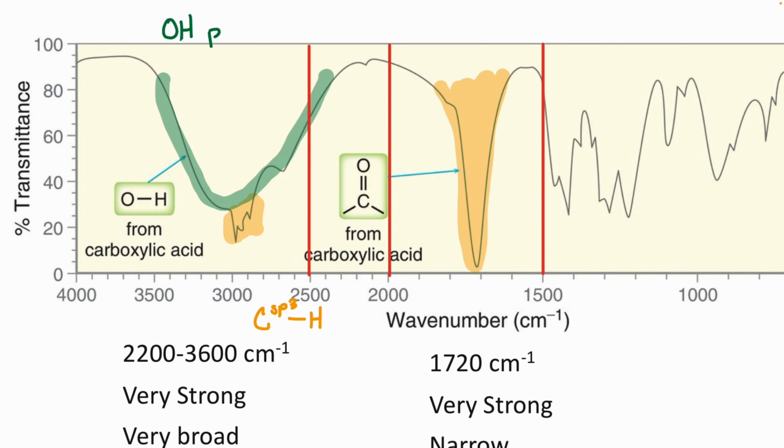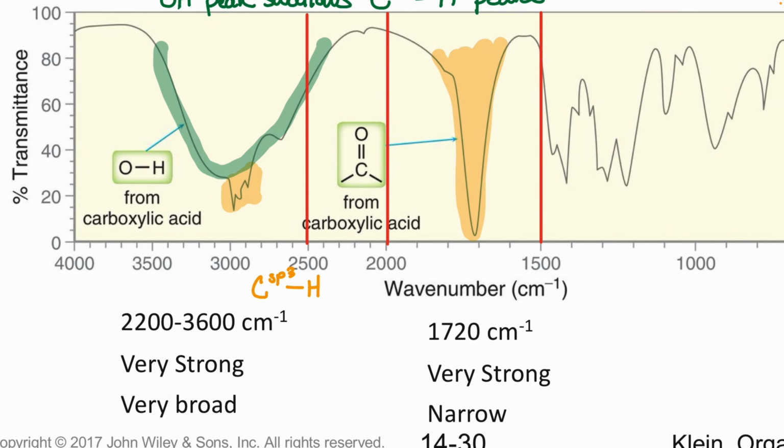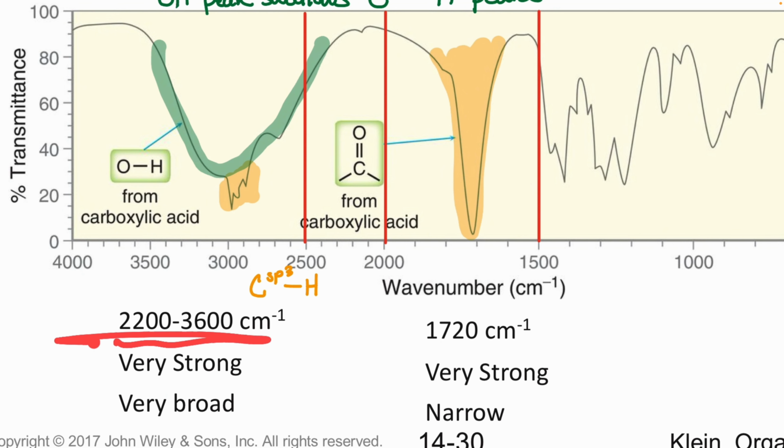So that OH peak swallows that sp3 carbon-hydrogen peak. It's even broader than what we saw with our alcohols. It really extends over a much larger range from around 2200 to 3600, still being very strong, but being extremely broad. So when you see something that's kind of eating up that normal cluster of peaks, that's characteristic of a carboxylic acid.